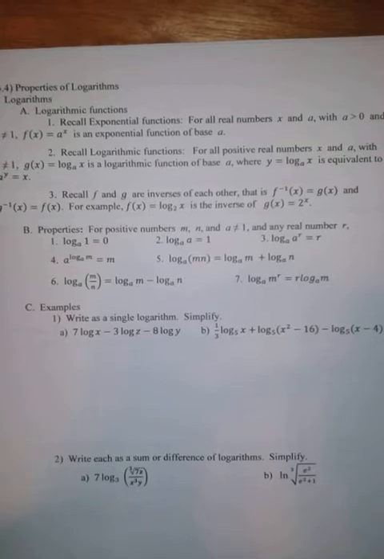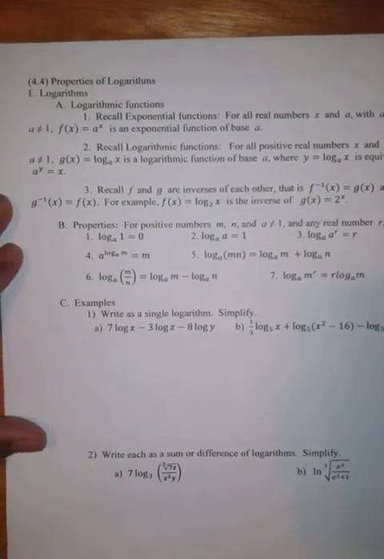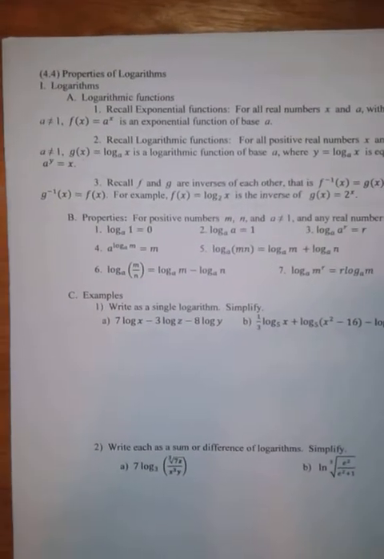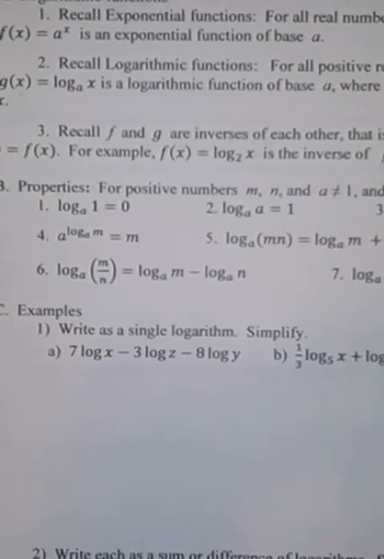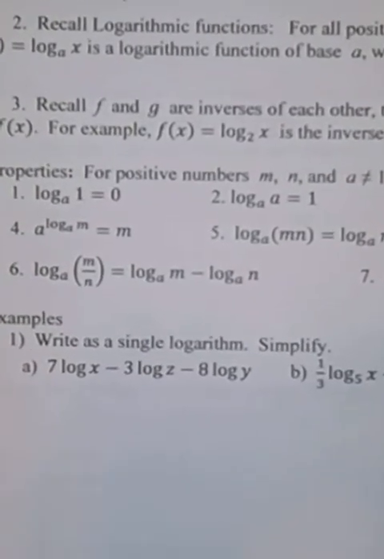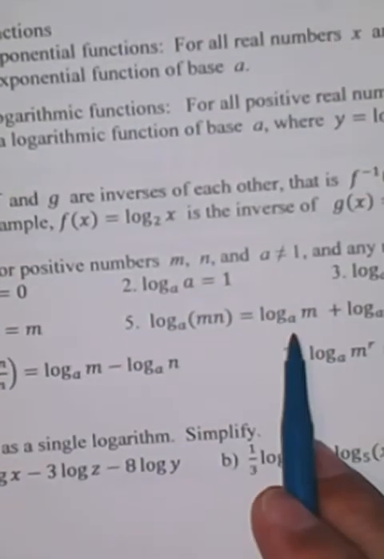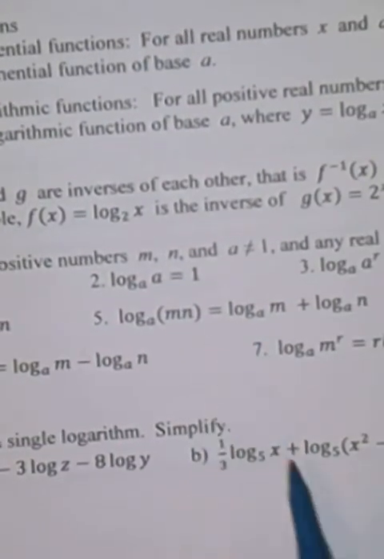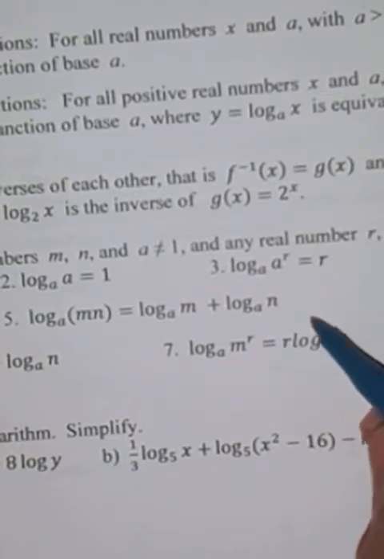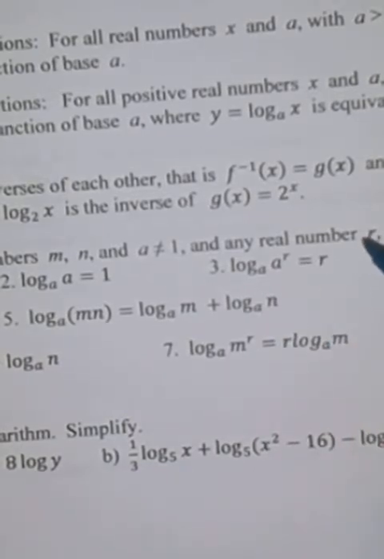Okay, before we look at some examples, I wanted to prove some of these. So let's look at this one, log base a of m times n. Okay, so how would we approach a proof?